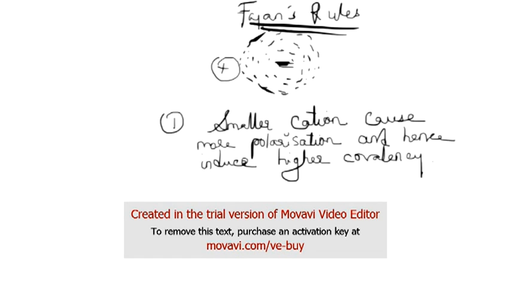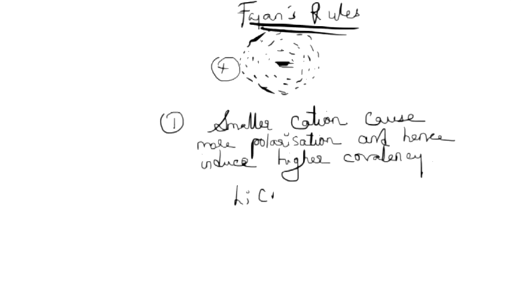Example, you can take a smaller cation Li. LiCl is more covalent than NaCl, where Na is a little larger than Li.